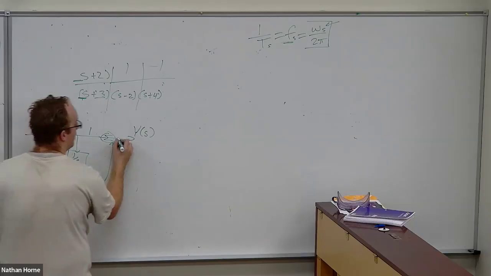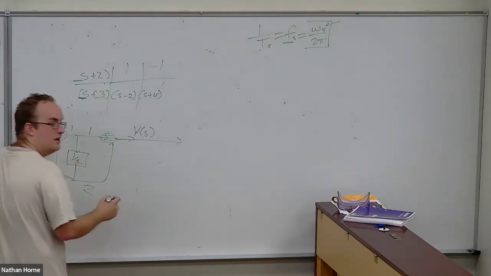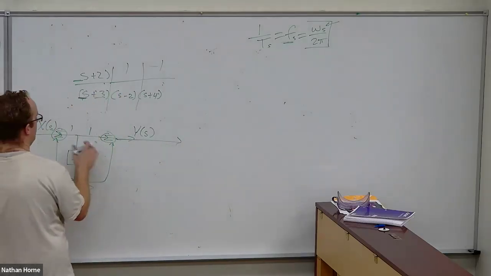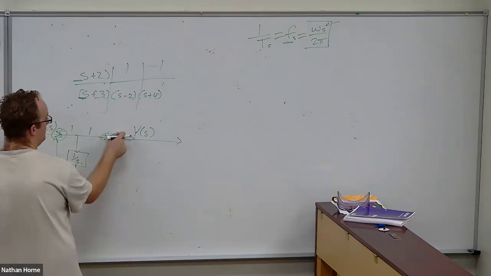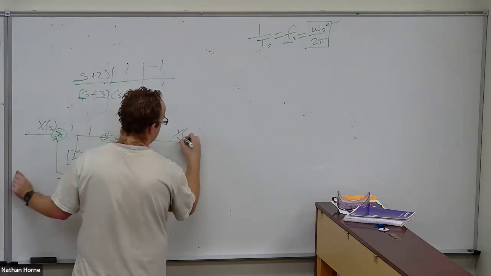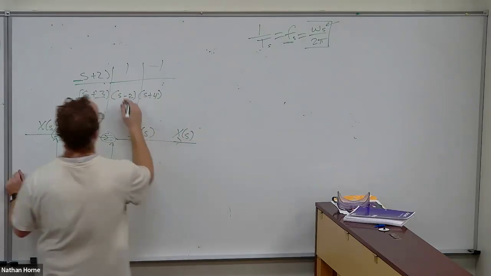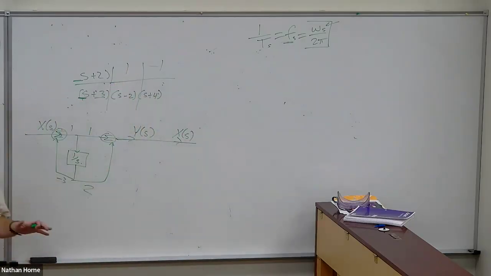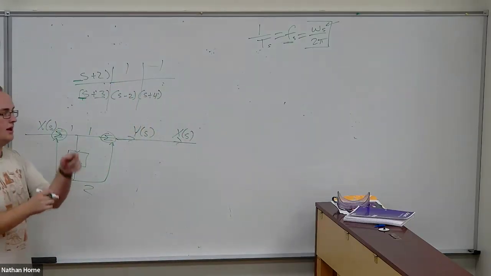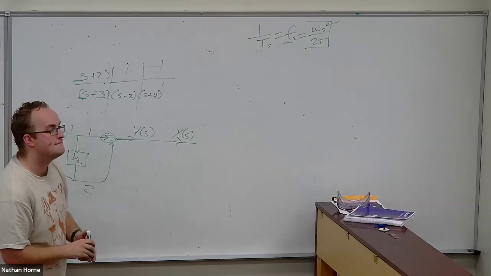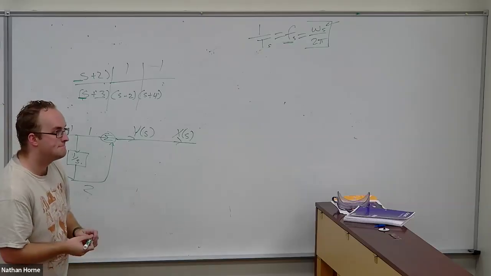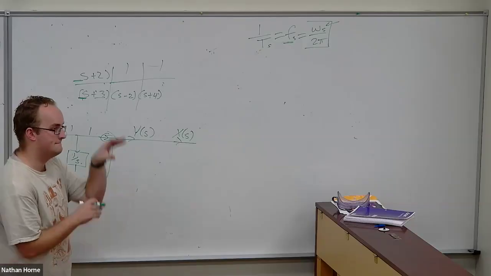Now, because these are in series, it's the same thing as if we were to just go immediately from the output of this as the input to another block. That's doing this term. Does that make sense? And if it were in parallel, then you would have basically two transfer functions added together.